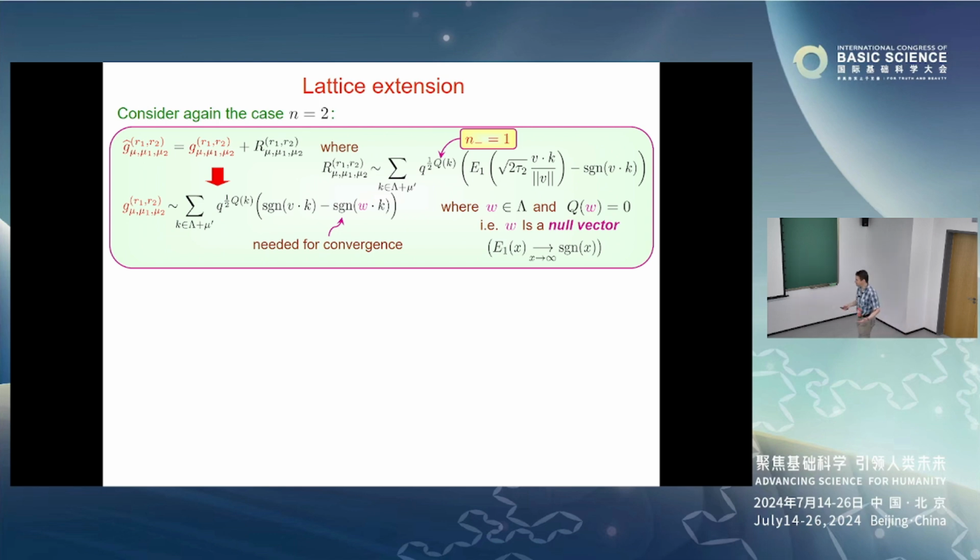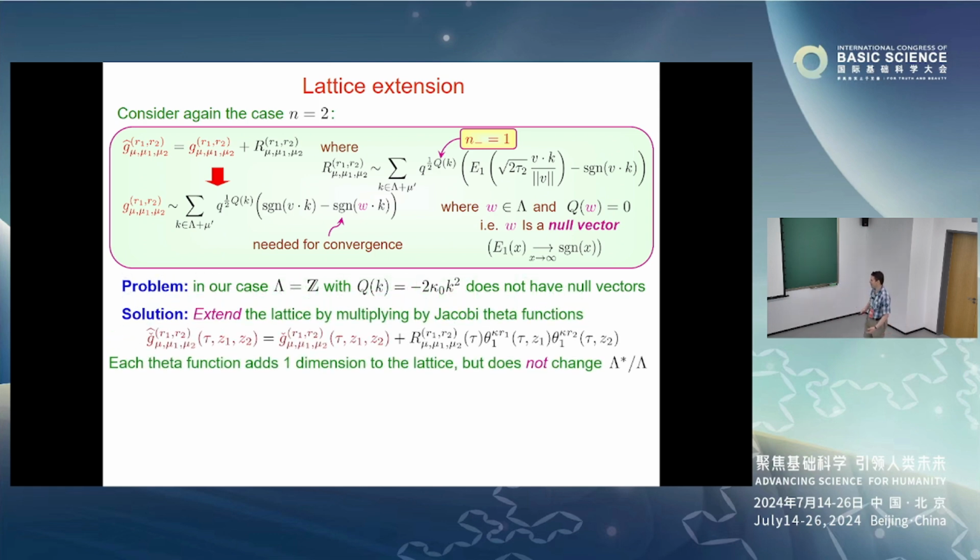But unfortunately not, because in our case, you remember, we have a one-modulus Calabi-Yau, so our lattice is just one-dimensional. And a one-dimensional lattice doesn't have null vectors. So what to do? The way out is to multiply by some number of Jacobi theta functions. We multiply the original equation by some powers of this Jacobi theta function, replace the function here by some g check, and consider this as a new equation.